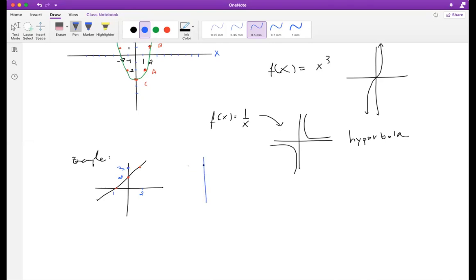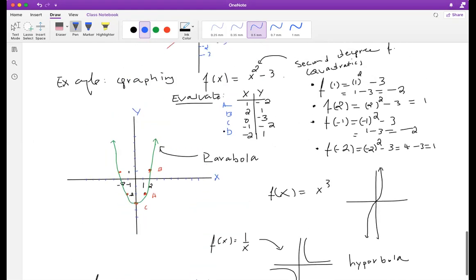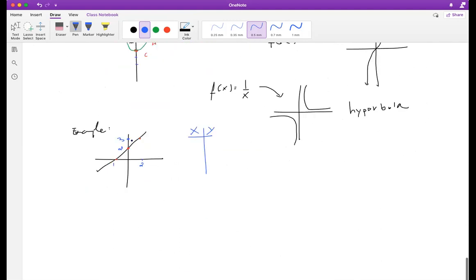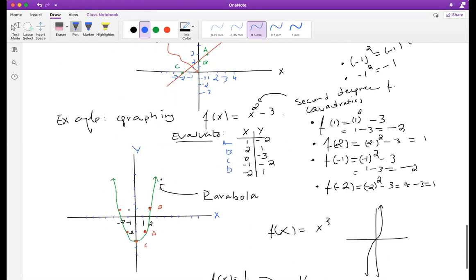So now, instead of making a graph from a table, we can make a table from a graph. So we go the other way. Let me close that window. You can start with a graph and make the table. Here we made the table first, then changed it into a graph.